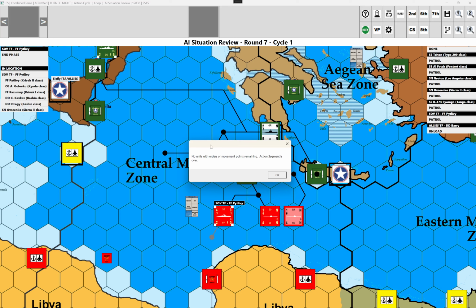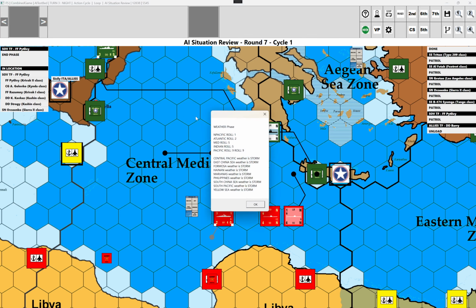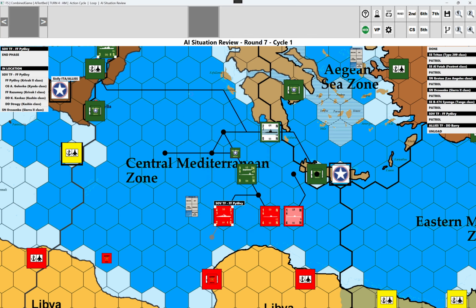All right. No units with orders or movement points remaining. Action segment is over. Turn 4 a.m. All right, come on, baby. All right, great. Clear skies. All right, let's go.